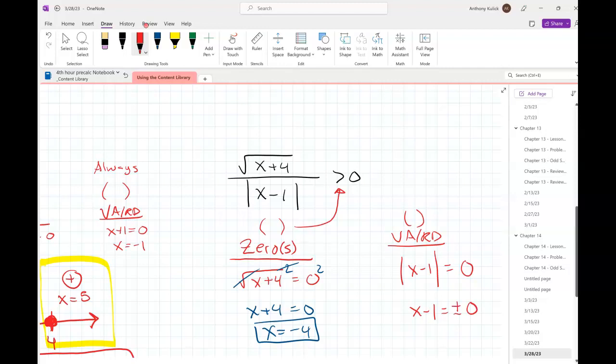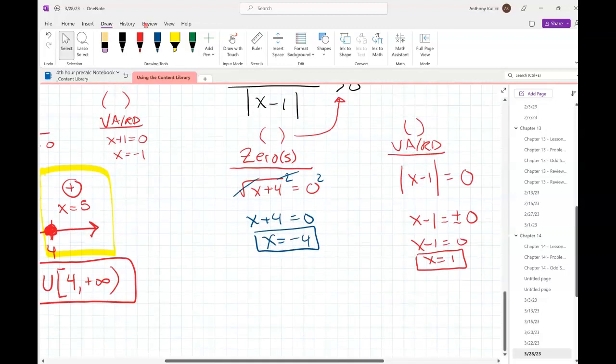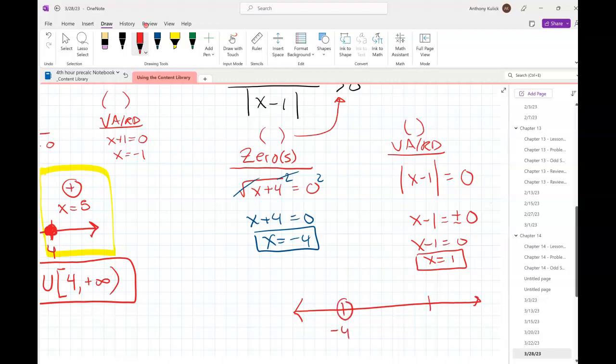But what's plus or minus 0? Zero. That's just 0, right? So I have x equals 1. So I'll use that stuff then to build my sign diagram. Both of these get open circles.